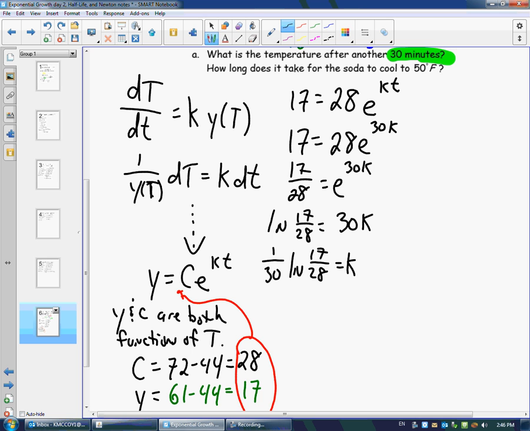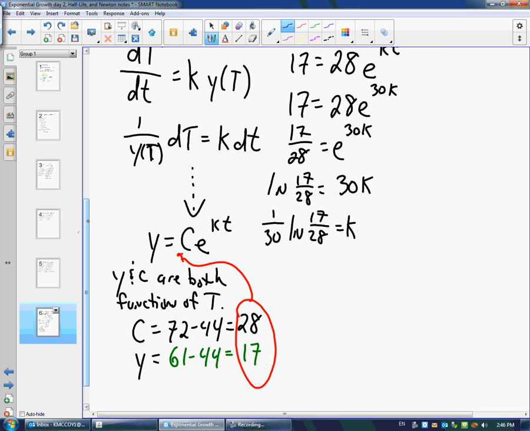We can plug that back in, and we're going to get y equals 28 e to the 1 over 30 natural log of 17 over 28 t. So that should allow us to find the temperature at any time t now.